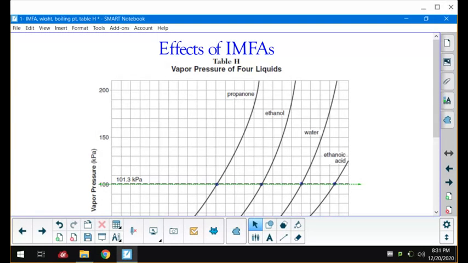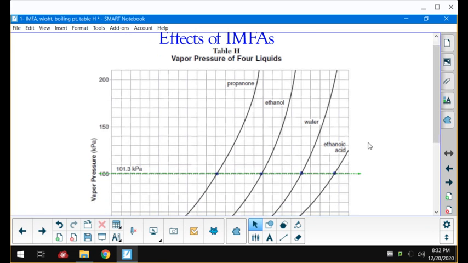And because of that, it's going to have weak dipole intermolecular forces of attraction between it and the molecules next to it. So as we look at these four molecules in succession, propanone has the weakest intermolecular forces of attraction and therefore the highest vapor pressure. Ethanoic acid has the strongest intermolecular forces of attraction and thusly the lowest vapor pressure.